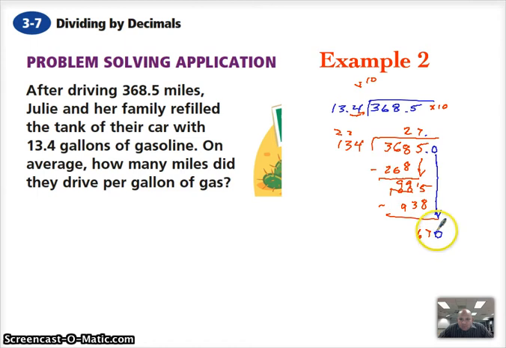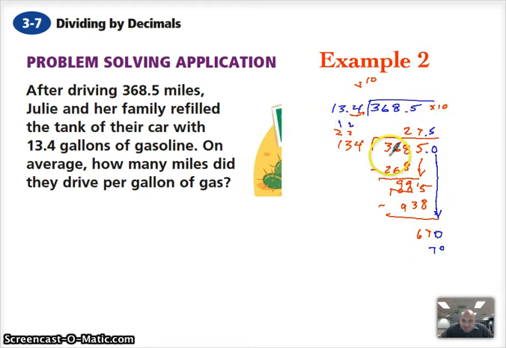How many 134s into 670? Well, it looks like 5 times 100 is about 500. So 5 times 134, I'm hoping, gets me close to 670. 5 times 4 is 20. 5 times 3 is 15, 16, 17. Looks pretty good.